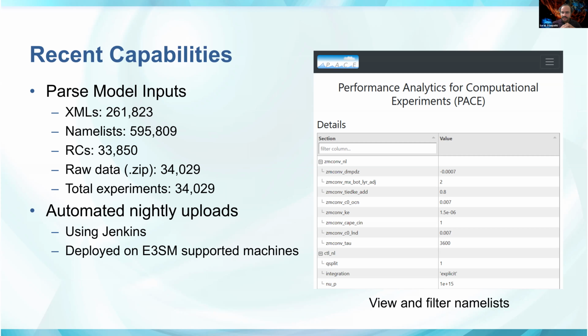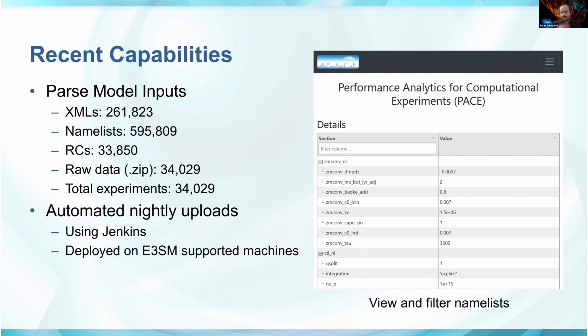Another capability we have recently added: previously we required some manual input in how this data is uploaded from each supporting center. As a project, we have a point of contact for each platform that we run on, and they were expected to periodically upload this data into our database. But we have done away with that manual intervention, and we have now automated everything.